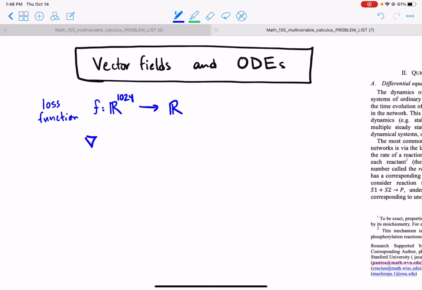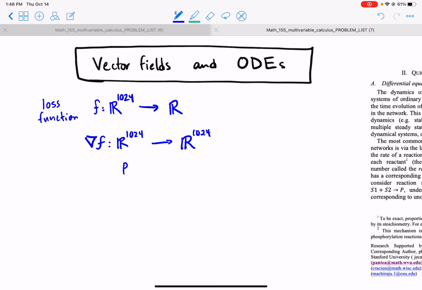Then what we would take is the gradient. And the gradient would be a vector field on 1,024 dimensional space, for example. And we know how to take the gradient. You just take all the partial derivatives with respect to all these input variables, and you put them in a vector.